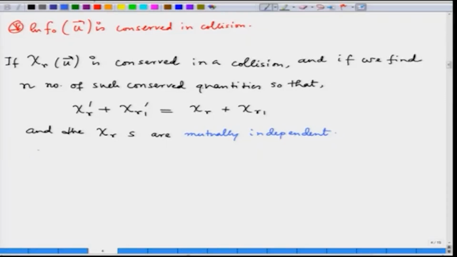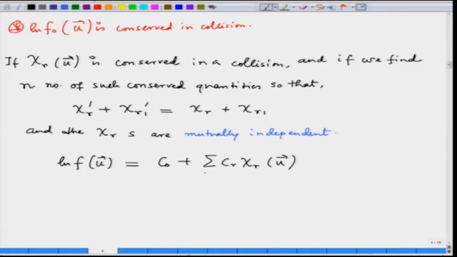We can finally write log of Fu, which is a conserved quantity of collision, as a linear combination of all these conservations.